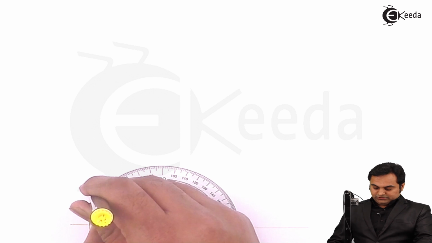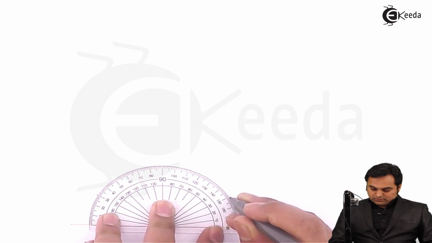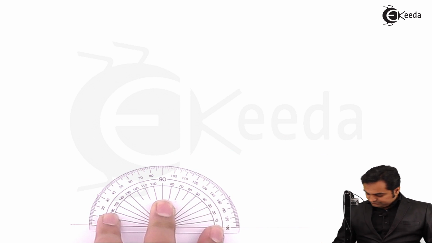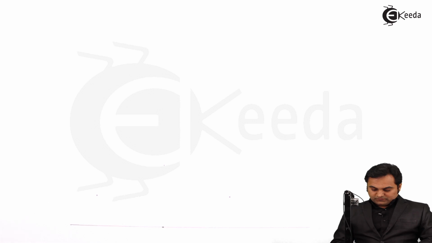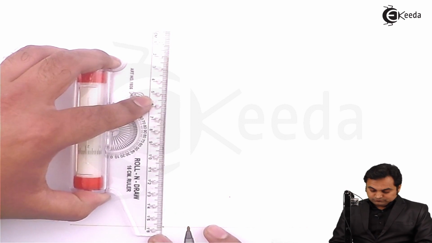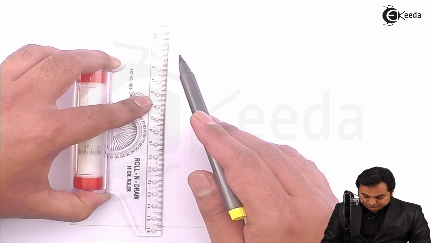Drawing a light horizontal line. Next, marking a point over it. So this will be the reference point, and from here I'll measure an angle.